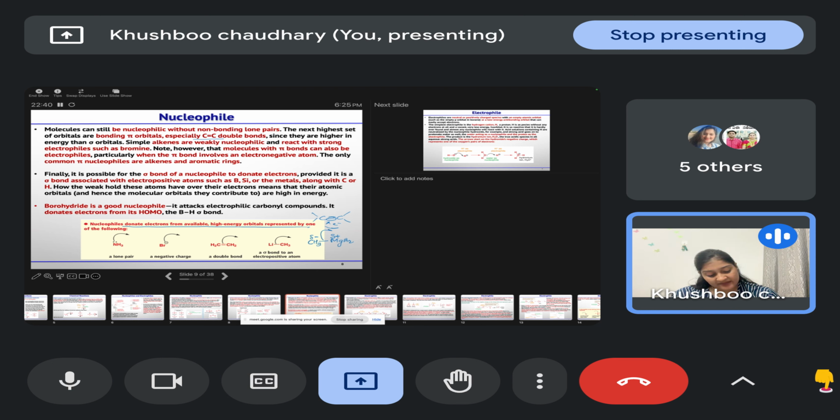So it can also participate in electron donation. So a nucleophile can be a negatively charged species, or a neutral species having lone pairs of electrons. It can be a double bond, or nucleophiles can participate through a sigma bond in the case of metal hydride, metal carbon species.